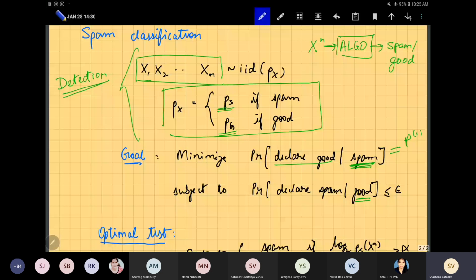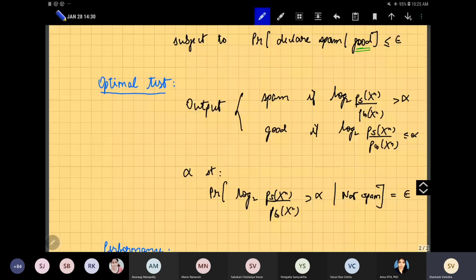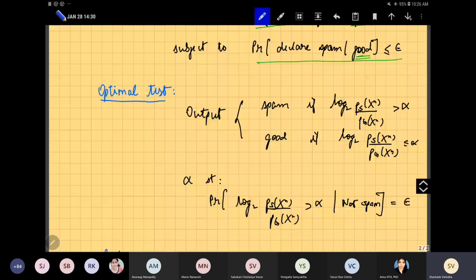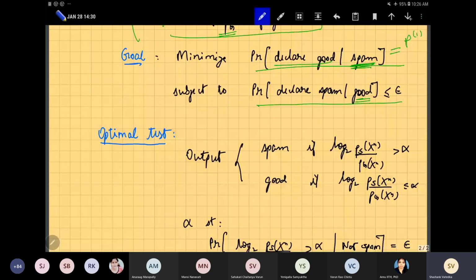So I won't get into this in detail, but at least for the purpose of this course, I'll say that there is an optimal test. So subject to this constraint, you can indeed minimize this particular probability, and the optimal test, which minimizes the first probability given that the second probability should be less than or equal to epsilon, is sort of this thresholding rule.